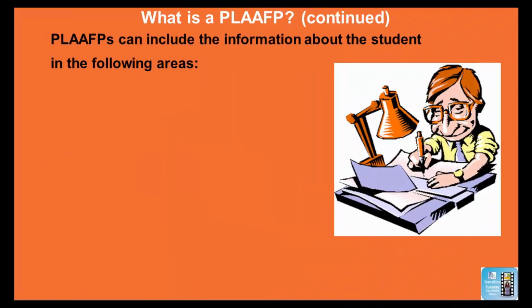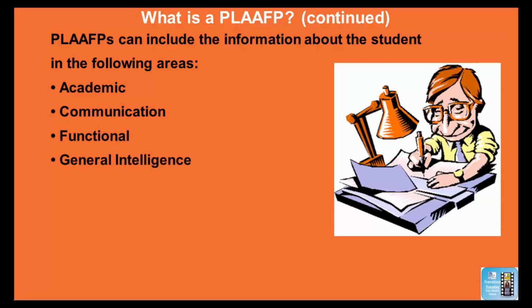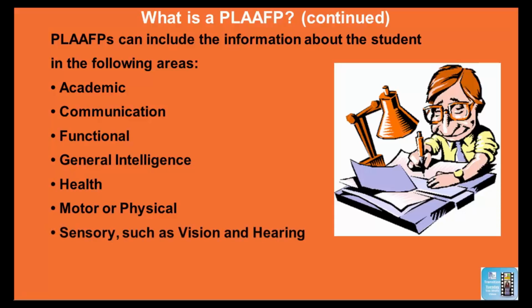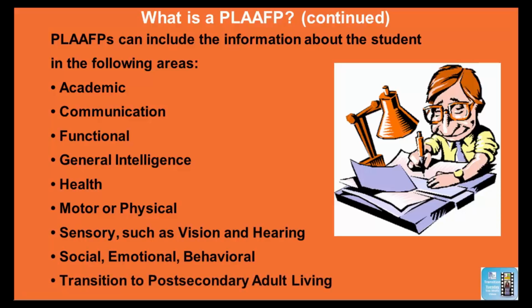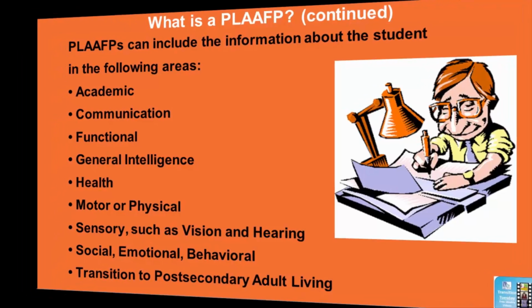PLAAPFs can include information about the student in the following areas: academic, communication, functional, general intelligence, health, motor or physical, sensory, such as vision and hearing, social, emotional, and behavioral, and transition to post-secondary adult living. In essence, it's all the data from the age-appropriate transition assessments that have been done with and about the student.